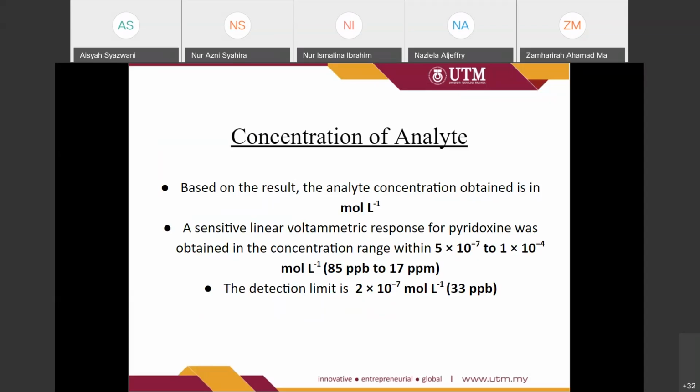This linear voltammetry is obtained using differential pulse voltammetry. The detection limit is 2 × 10^-7 mole per liter, which is 33 ppb.